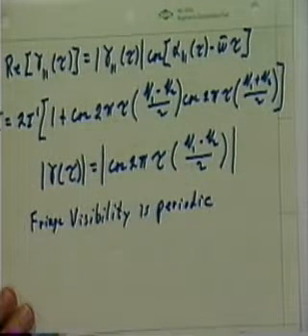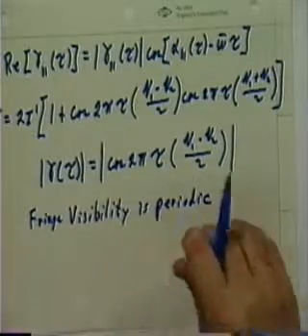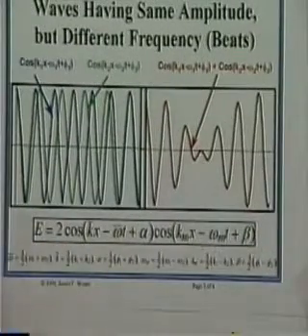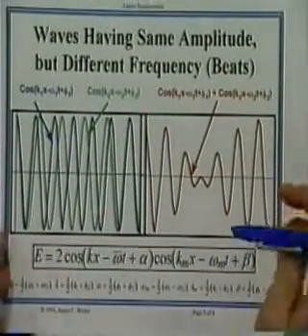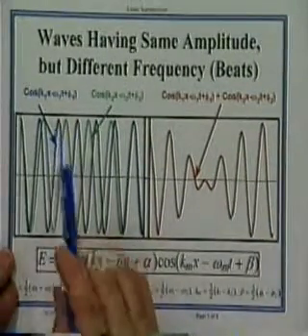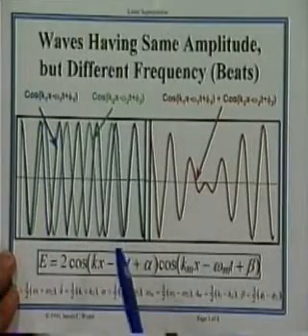Now let me pick an example here. I'll show a couple pictures, and then I'll come back and we'll look at an example. And these pictures are things that you've seen before in the semester, because we used the same view graphs when we looked at superposition. And so here we're adding the two sine waves with different frequency.